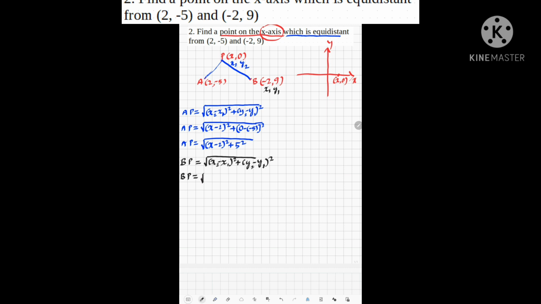BP is equal to x2, x, minus x1, minus 2, whole square, plus y2 is 0 minus 9, because y1 value is here.